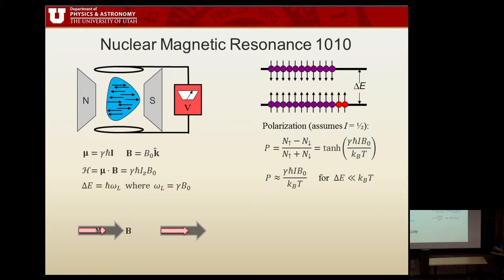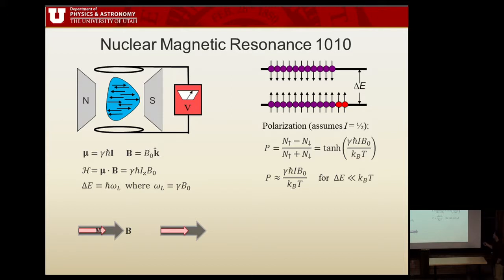Here are the two energy levels. In typical NMR, the excess in the lower energy state generated thermally is very, very small, actually a lot smaller than what I'm showing here. This is just for illustration. It's typically a part in 10 to the 5 or a part in a million, even in fairly large laboratory magnetic fields.